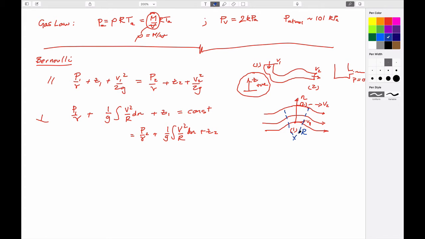And so the radius is the radius to that point from here, and n is the direction of the outward normal. And so if n is in the direction of z, as it is in this case, then dn would equal dz, which it certainly is here. Then you could substitute this as dz and do the integration. We did that before. I'm not sure whether we've had a streamline question on an exam. I'm not sure we have one this time. But anyway, you need Bernoulli as a general set.